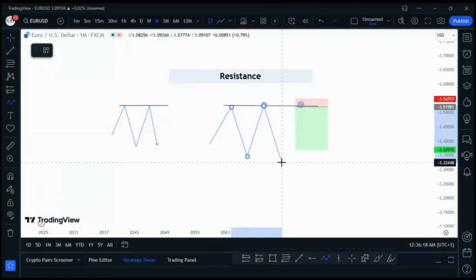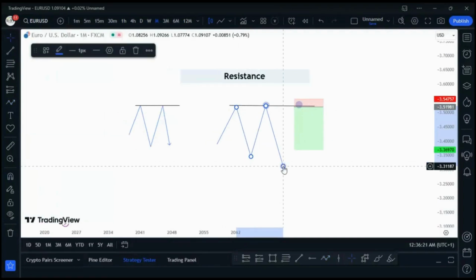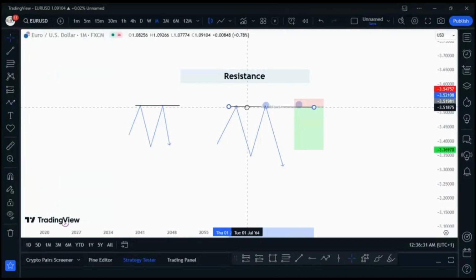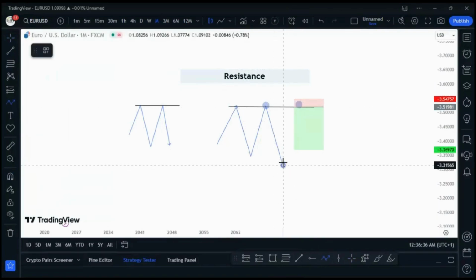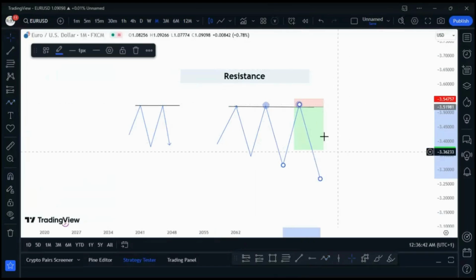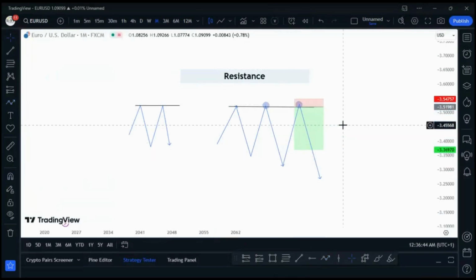That level where it rebounces can be seen as a resistance, and you can draw your horizontal line to indicate that this is a resistance level, and then you wait. Once the market comes back to that level again, it is definitely going to sell off. And then you can place a sell for that particular pair.